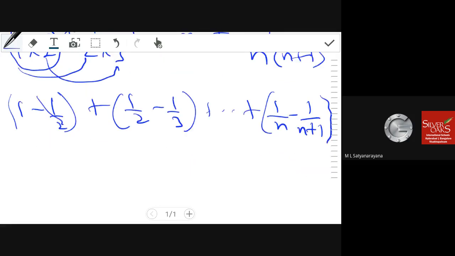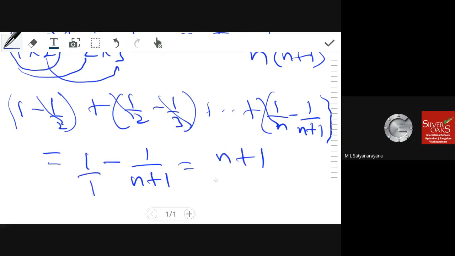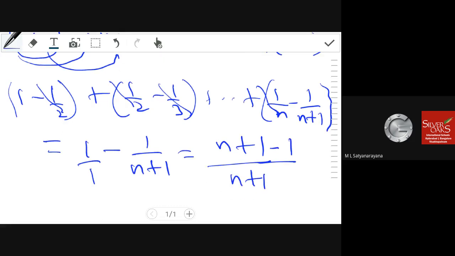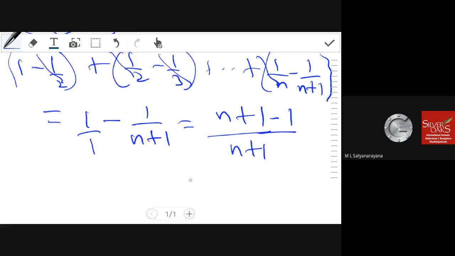The negative half and plus half, the negative 1 by 3, all will be cancelled. You will be left with 1 minus 1 by n plus 1. No need of finding the sum to n terms separately. You can simplify it directly and get the answer, which is n by n plus 1.